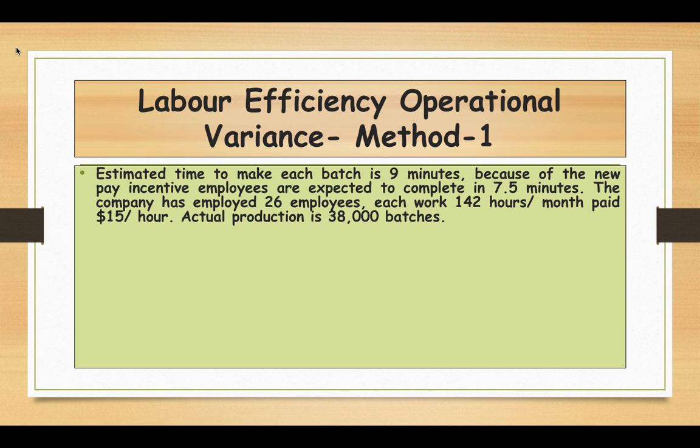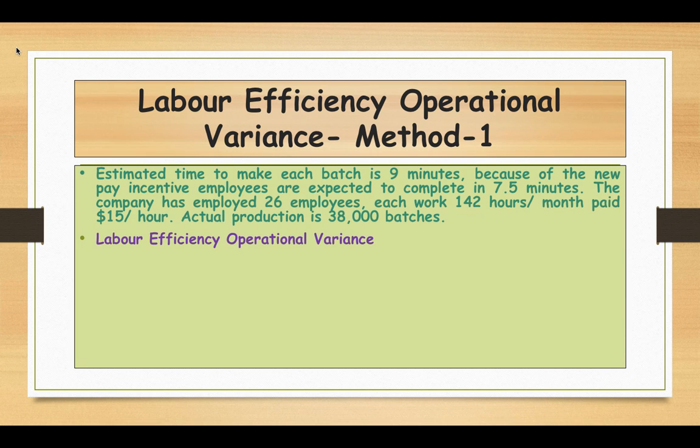Actual production, 38,000 batches. So as usual, we need to compare the time allowed with the time taken, and then the difference, we need to convert that into money value. Okay, the time allowed.